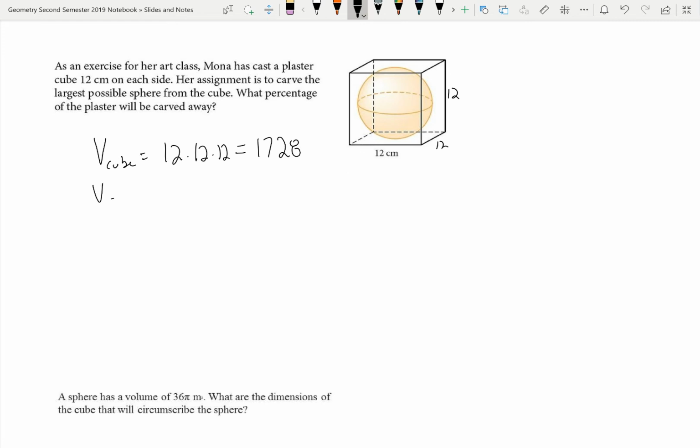And the volume of the sphere: if the sphere is inside that cube, the diameter of the sphere is 12, making the radius 6. So it's 288 pi.